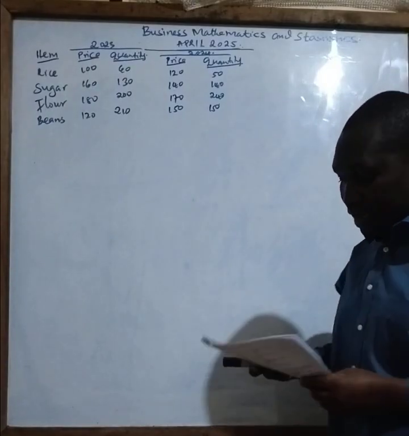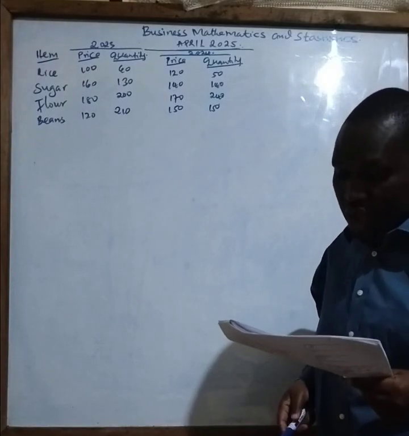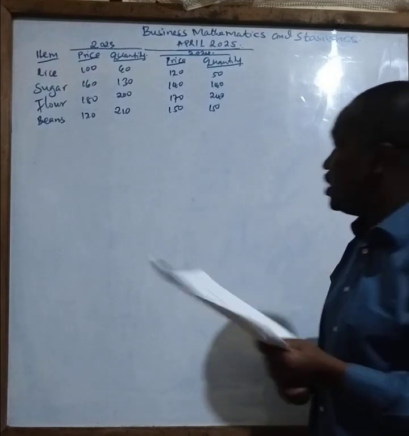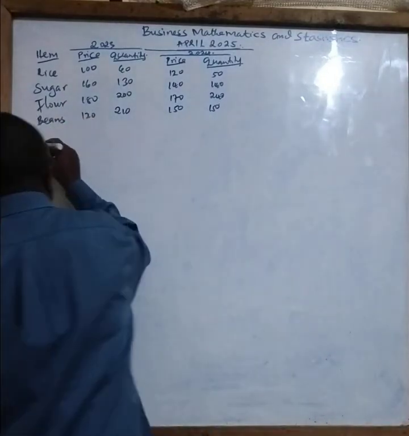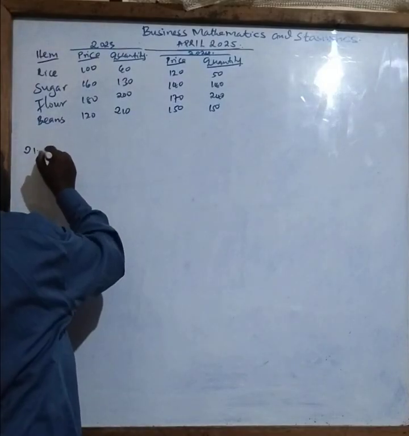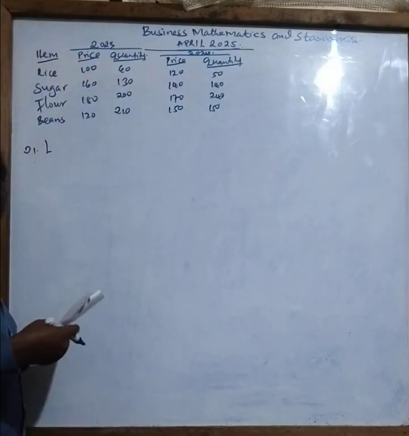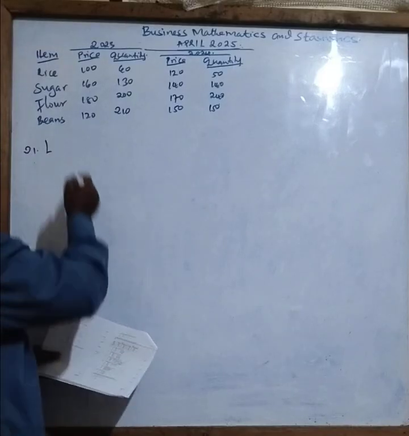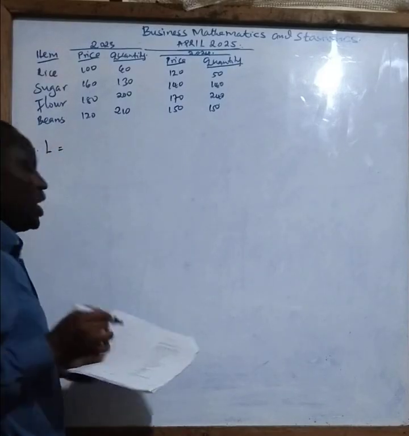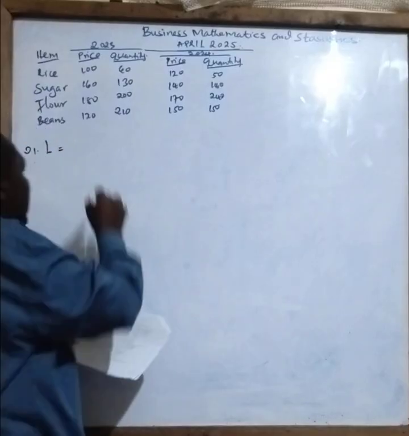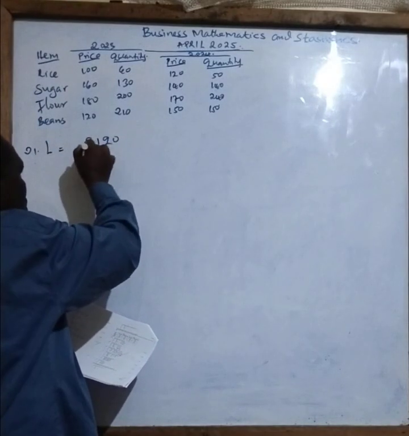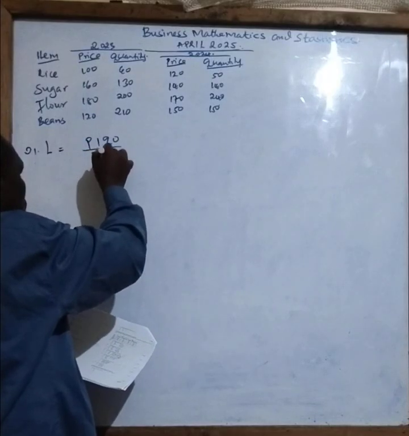In this particular question, you have been asked, question 21, calculate the Laspeyres price index, which I'm going to represent with the letter L. To calculate the Laspeyres price index, we take P1Q0 over P0Q0.